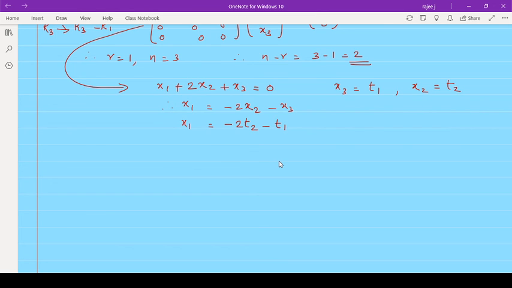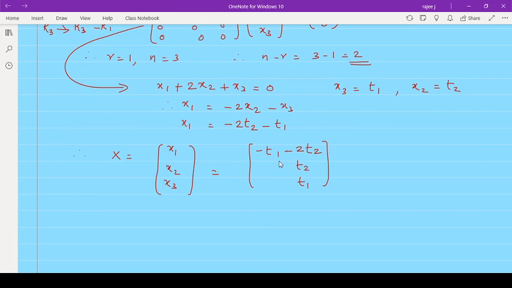So the vector x1, x2, x3 is minus t1 minus 2t2, then x2 is t2 and x3 is t1.